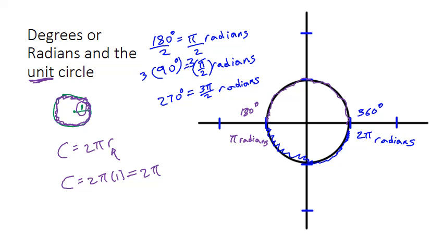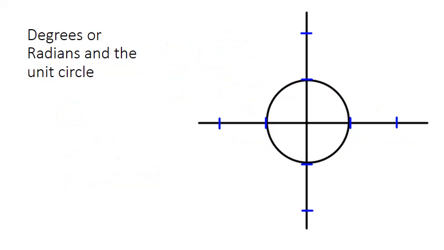So let's put everything that we know so far together about our unit circle. So what we know is that this section here of our unit circle can represent 0 degrees or 360 degrees if we go one full rotation and come back around to it. We know that the coordinate is 1, 0, and we know that 360 degrees represents 2 pi radians.